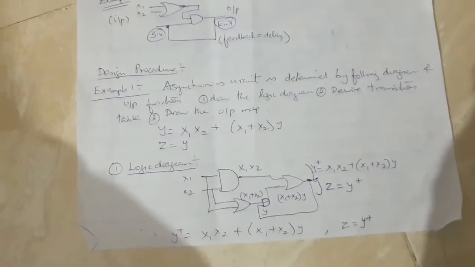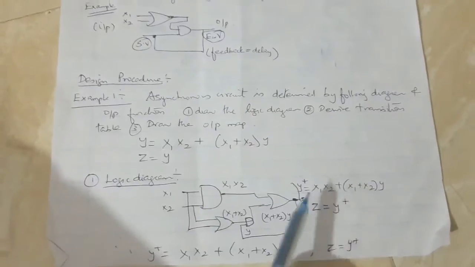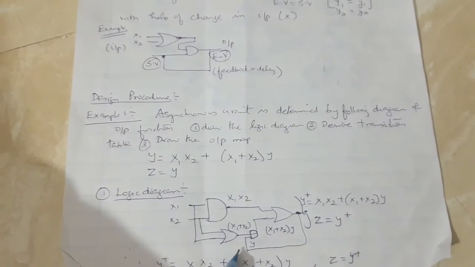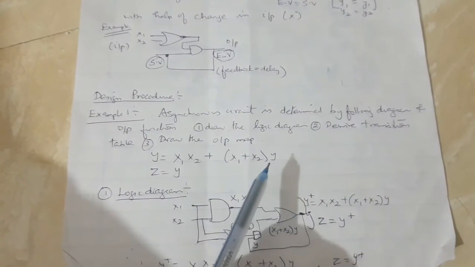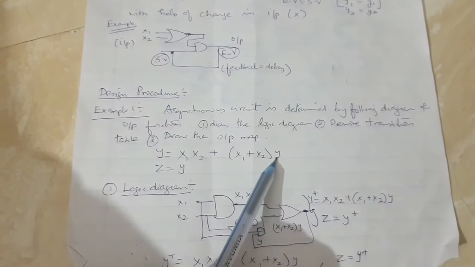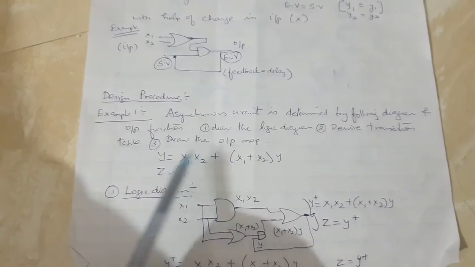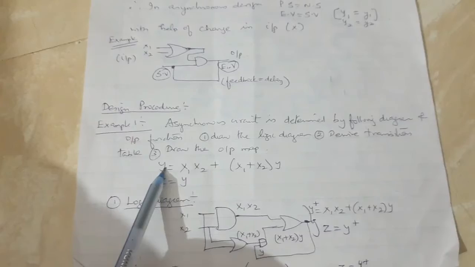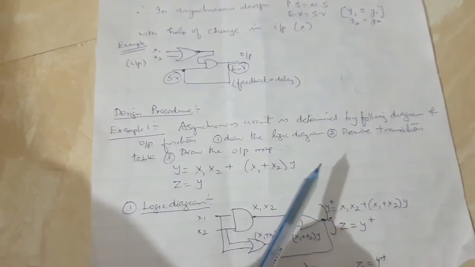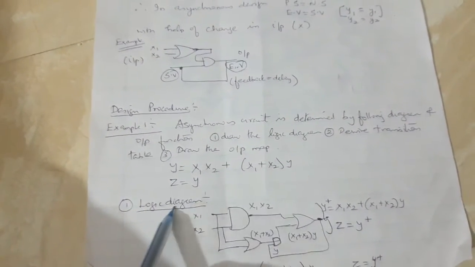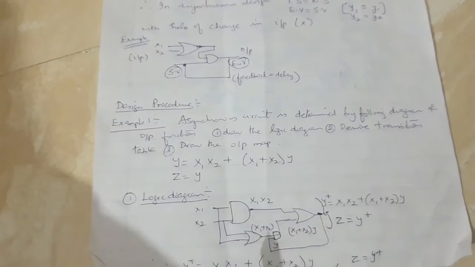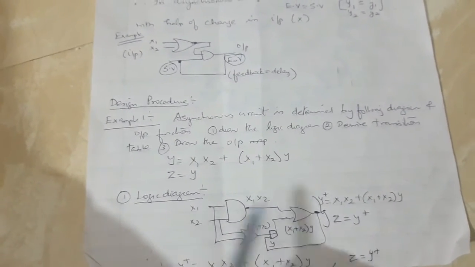And the feedback element network is the y, which is given as the input over here. So this is the feedback element. This is the secondary variable, and this is your excitation variable. When capital Y becomes equal to small y, you can take the output Z is equal to y. So this is how we have drawn the circuit.